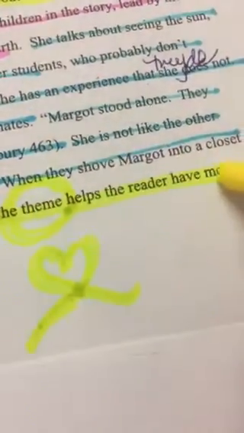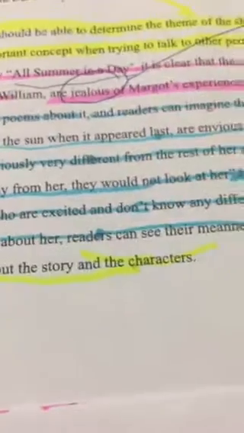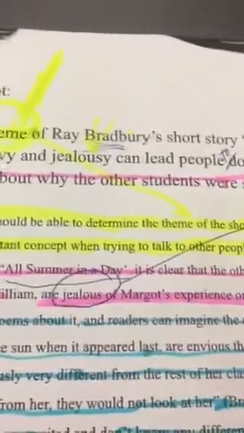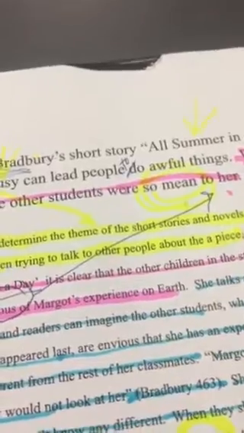Okay? The theme helps the readers have more insight about the story and the characters. And of course, you're talking about why other students are so mean to her and why jealousy and envy can lead people to do awful things.